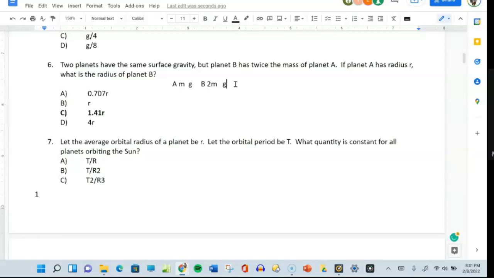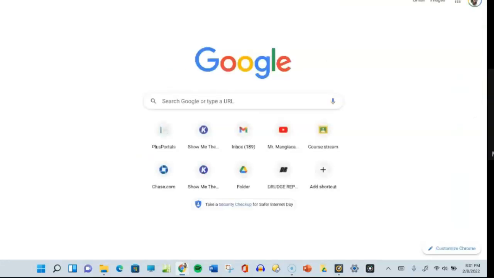I'd do it as a table, but I'm limited here with what I've got to work with on the keyboard. So I'm going to have to go with my pen and open up something that I can use. So let me do this, because I can't handle this. I've got to work with this.